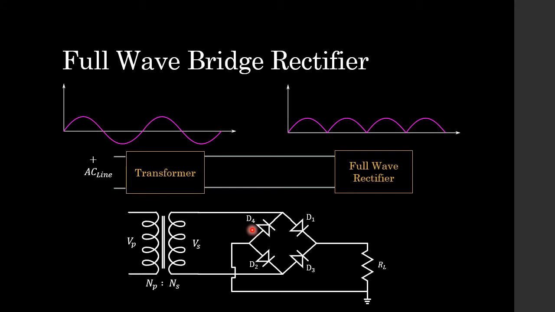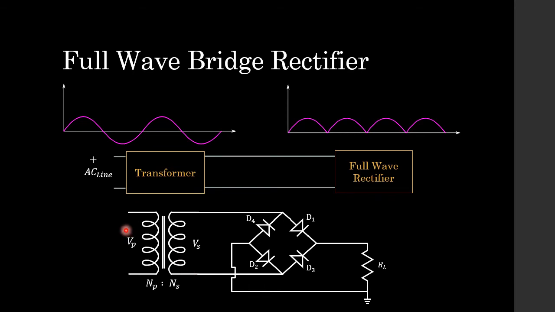We then see diode 4's P side and diode 2's P side are connected to each other and connected to the other end of our resistor. And then finally, the N side of diode 2 and the P side of diode 3 are connected together and they are connected to the other side of the secondary coil of our transformer.